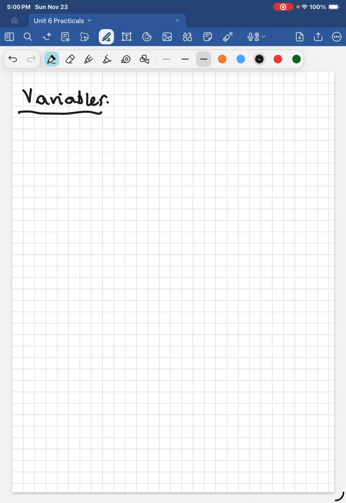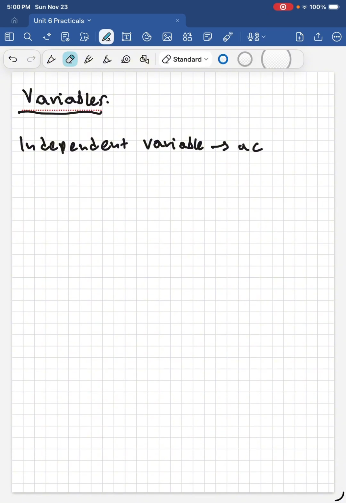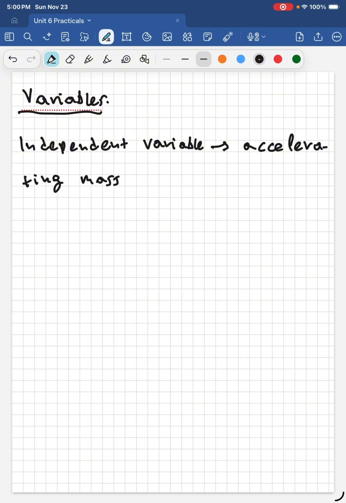So the independent variable is the accelerating mass m, okay, which is the hanging mass.